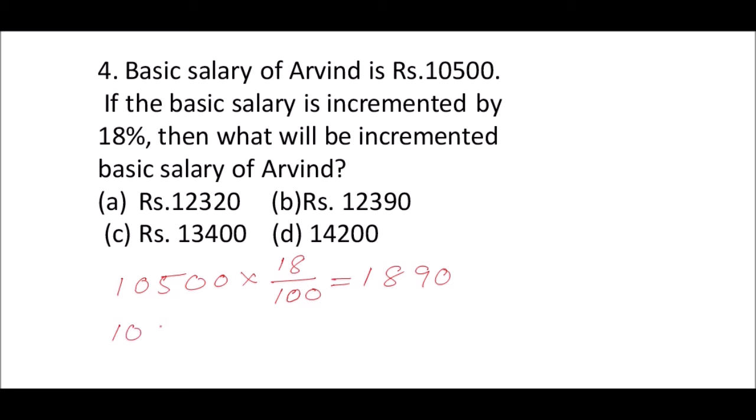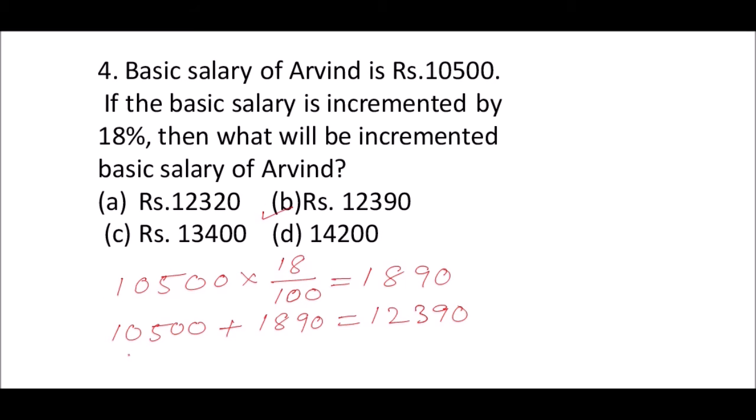Therefore 10,500 plus 1890 gives you 12390. Therefore the option B is the correct option. This can be done in a slightly different way.